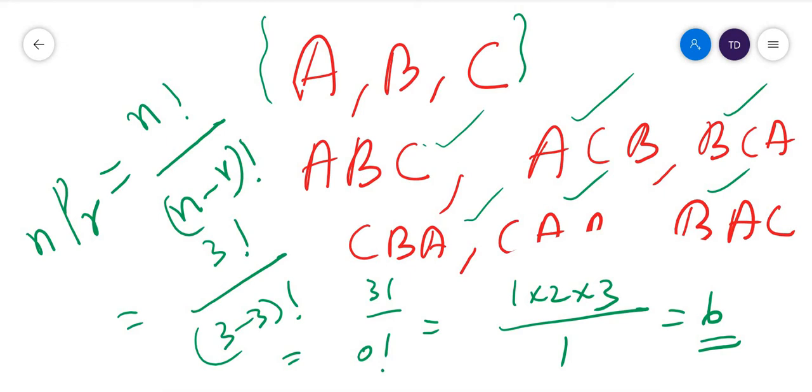Okay, I will give you one more question for permutation, then you will get more clarity. The question is: how many words can be formed by using three letters from the word Delhi?